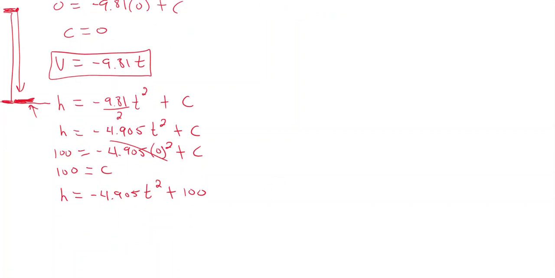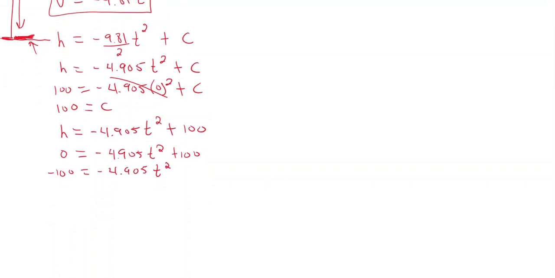So the height we're going to say now is 0. If we solve this, we've got negative 4.905 t squared plus 100. We'll bring 100 to the other side, so now we've got negative 100 is equal to negative 4.905 t squared. Divide both sides by negative 4.905. So we've got 100 divided by 4.905.